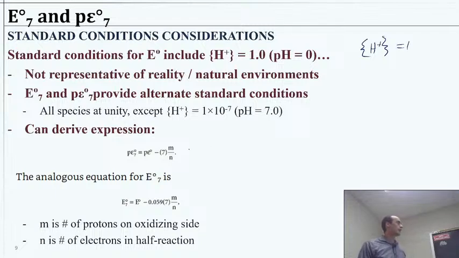If we take a look at these expressions here, it's pretty straightforward. The m and n here are the number of protons on the oxidizing side and the electrons in the half reaction. So that's just going to give us a way to balance.